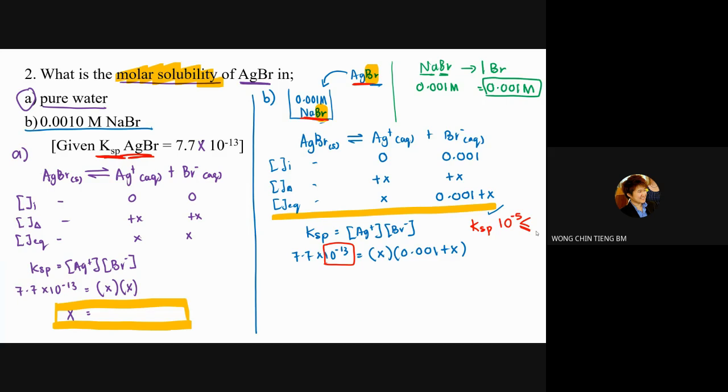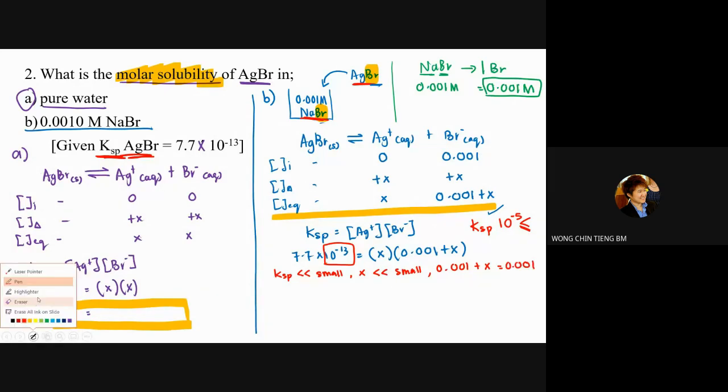Guys, assumption. Okay? Kita akan buat assumption. So what are we going to assume? Your KSP is very, very small. Jadi saya tulis sekali je sebab saya tahu kamu pun takkan tulis dalam exam. X is very, very small. Therefore, 0.001 tambah X akan sama dengan 0.001.